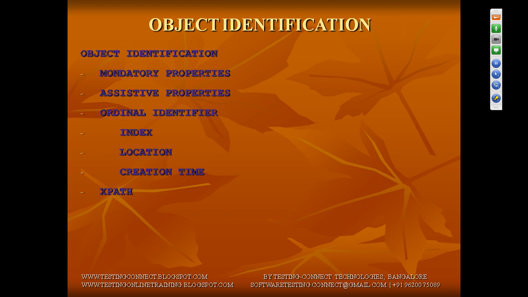That house has a unique address in your city, or even across the globe. No other house has the same address. Exactly like that, whatever object your developer places in a window, each and every object gets some unique id, and that is XPath.